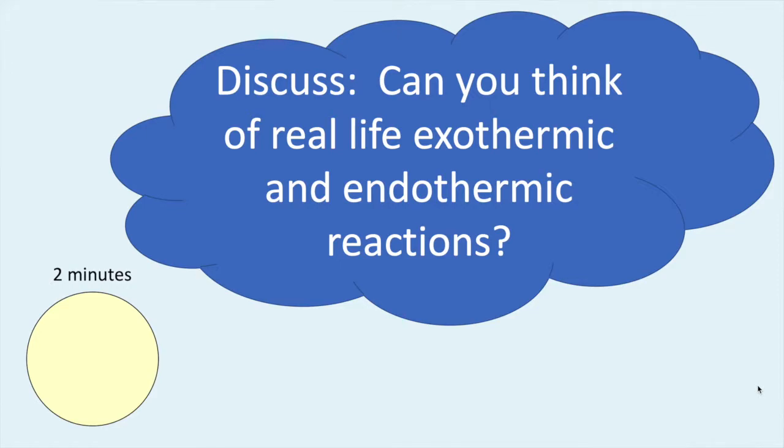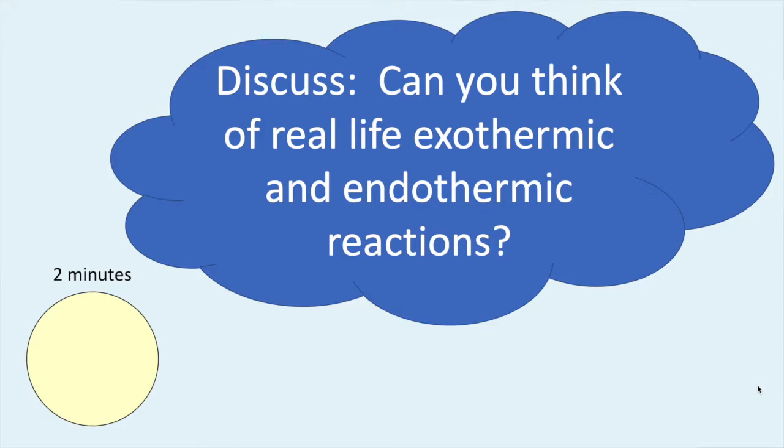It might be something in your day-to-day life, or it might be an experiment that we've done before. Just want you to have a think for a couple of minutes, jot down some ideas of different types of reactions that you can think of, and then whether they might be exothermic or endothermic.